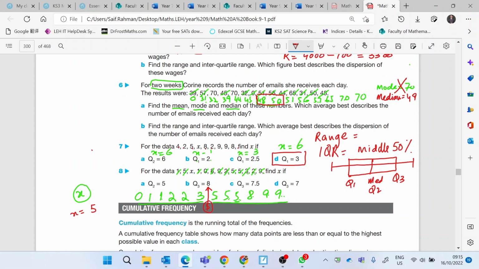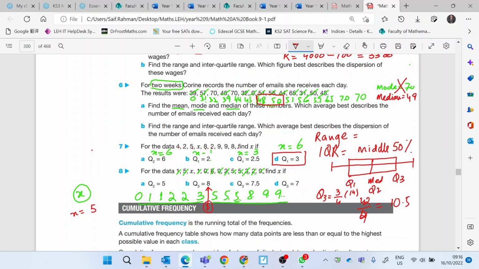For Q3 the formula is Q3 is equal to 3 by 4 times 14, which is 42 over 4, and this gives us 10.5. That means the 10th and 11th value.